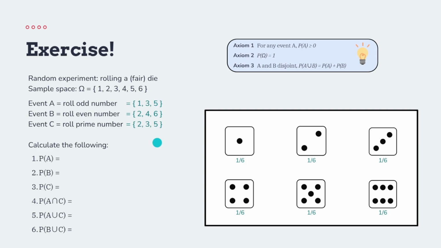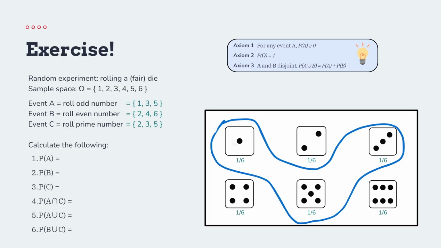Now we have everything set to calculate the following probability values. Probability of A, where A is rolling an odd number. So the event A consists of rolling a 1, 3, and a 5. And adding these probability values together results in 3 over 6, or in other words, a half.